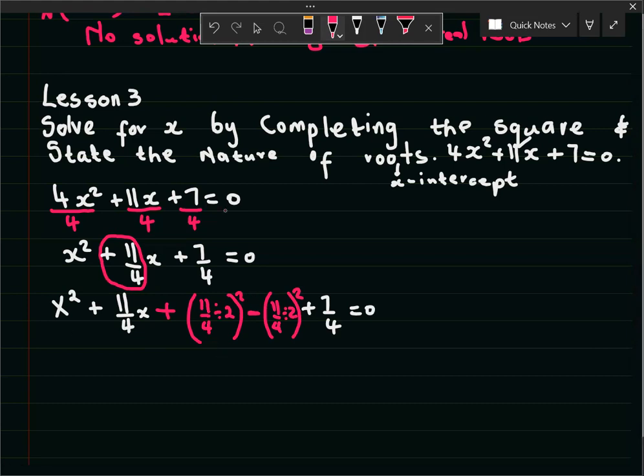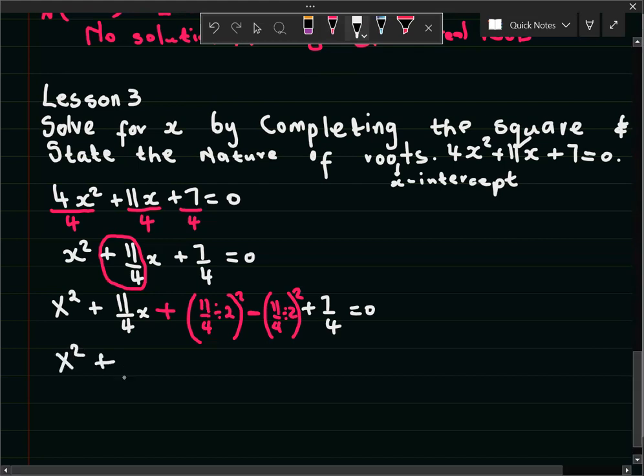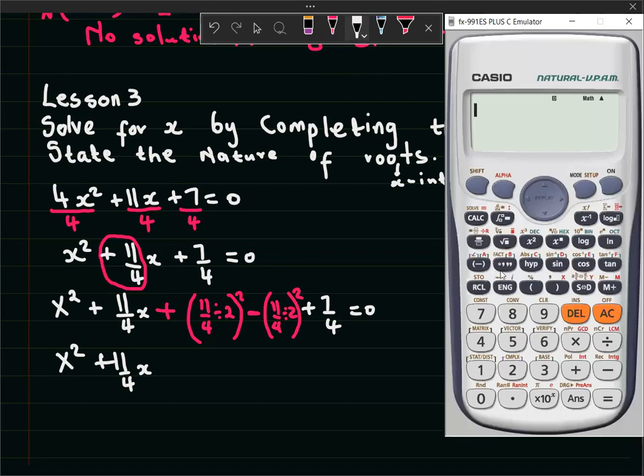Now, we have to simplify this. So we have x squared plus 11 over 4x. And then let's check what this gives us on a calculator. So we're going to have bracket 11 over 4, which is our b.